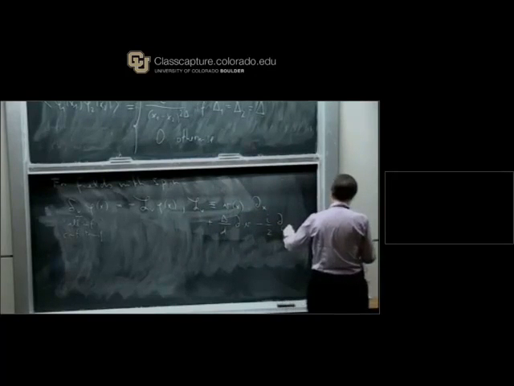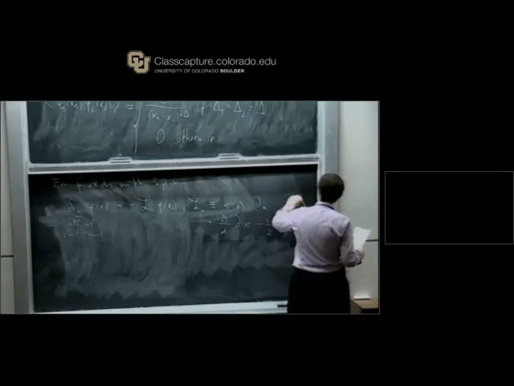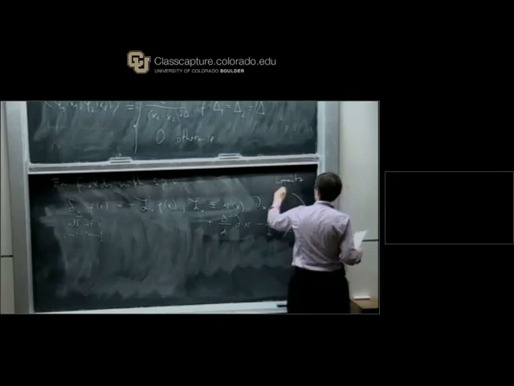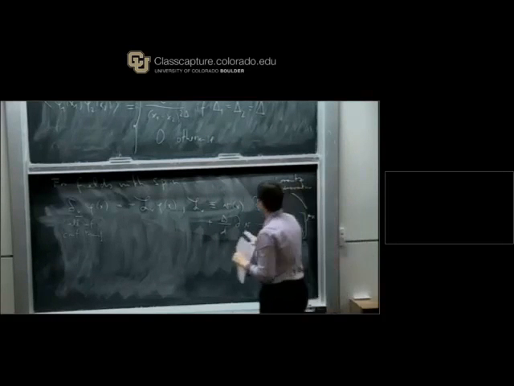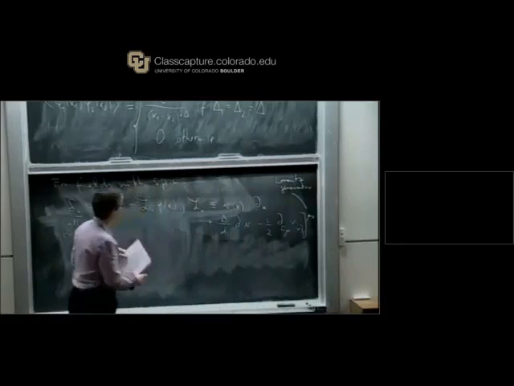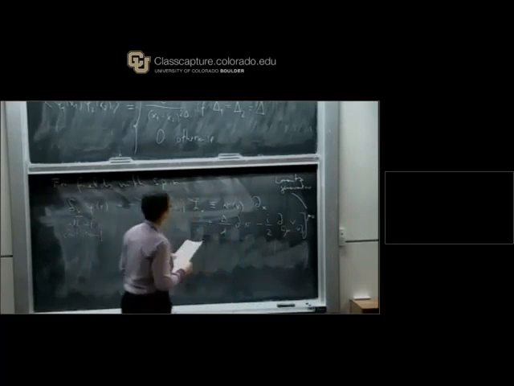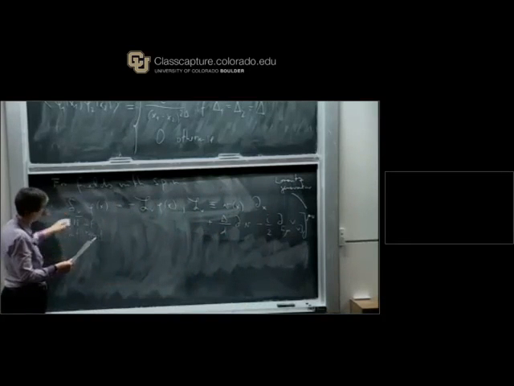You anti-commute these indices, so that's why I put these square brackets, and then you multiply with a Lorentz generator. If you insert this into the transformations there, you get the transformations for all solutions of this conformal Killing equation.